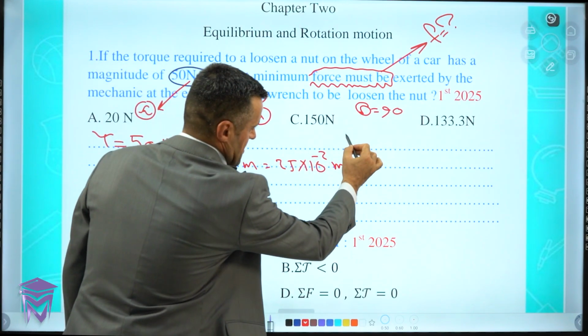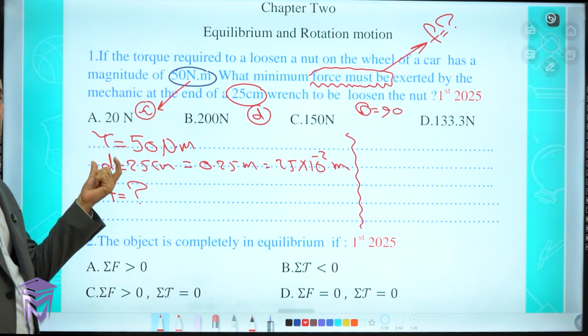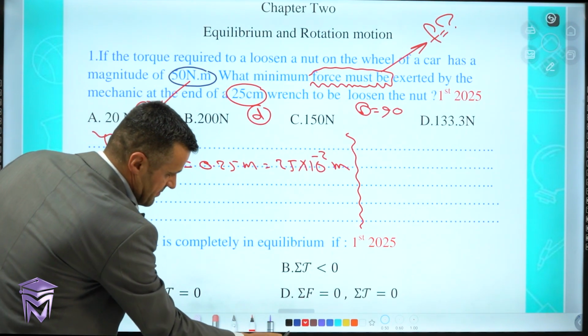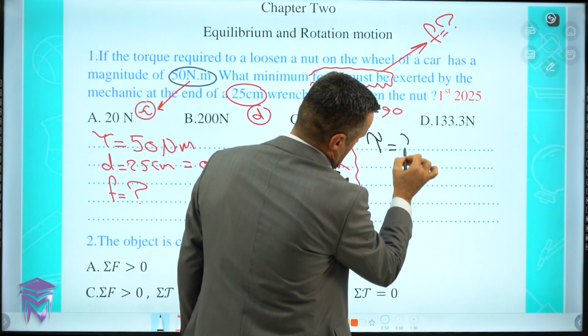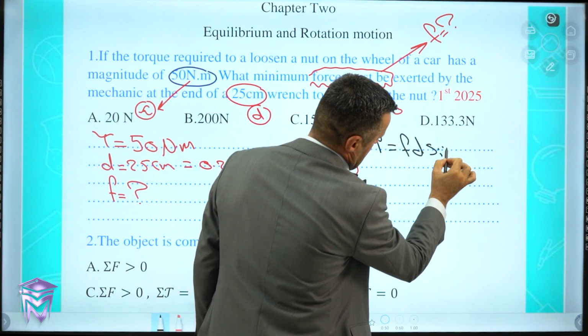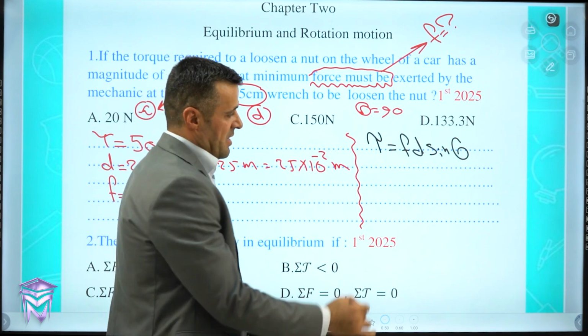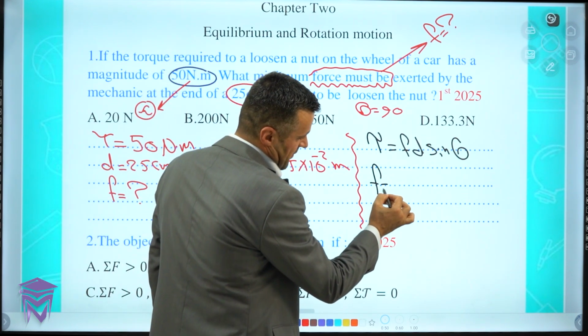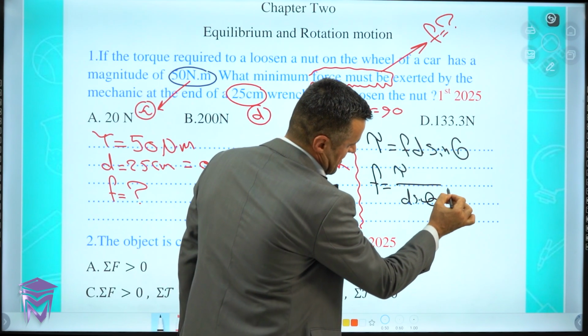How can we find the force according to the main rule of torque? Torque equals F d sine theta. This is the main rule of torque. But we want to find the force, which equals torque over d sine theta.